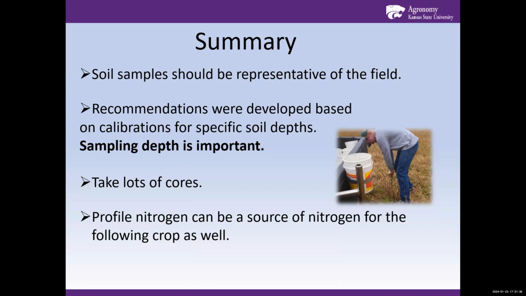And especially this year, following a drought year, profile nitrogen can be a pretty decent credit that you can factor in for this coming year. So something to always look into, just always knowing what's there, and it might save you 30 or 40 pounds of nitrogen that you might not need to apply.